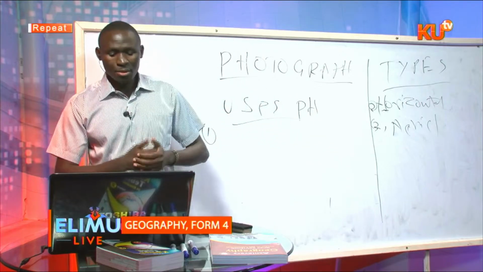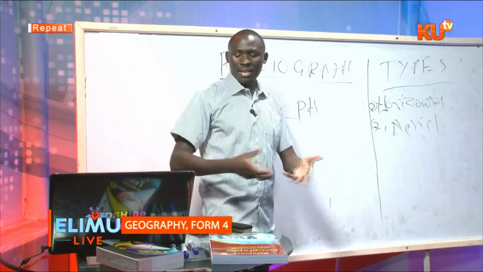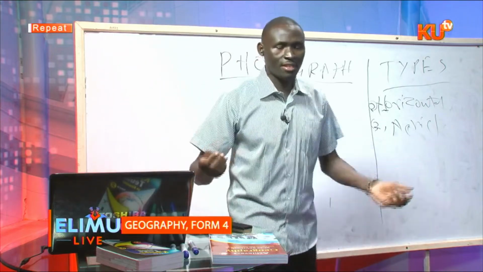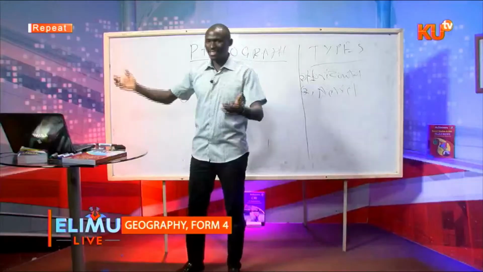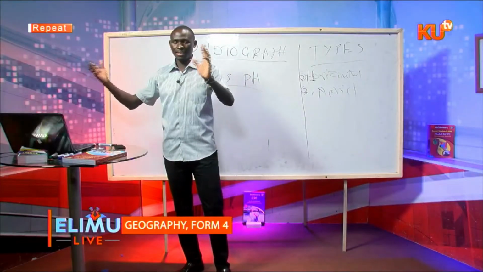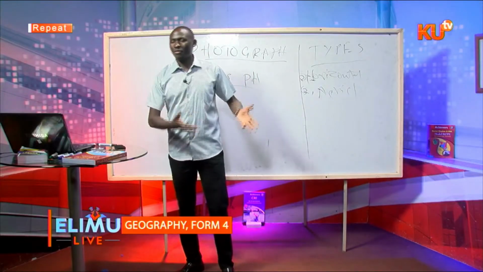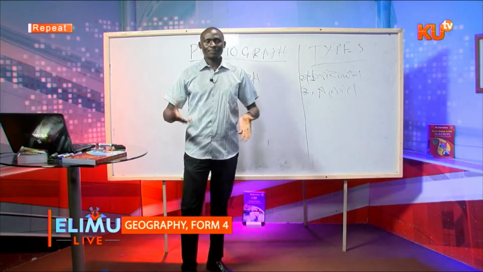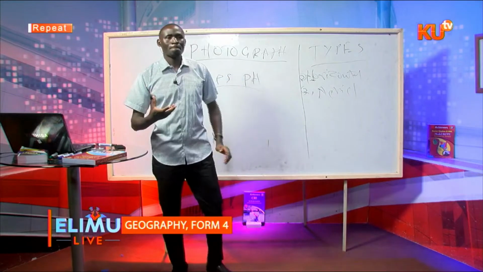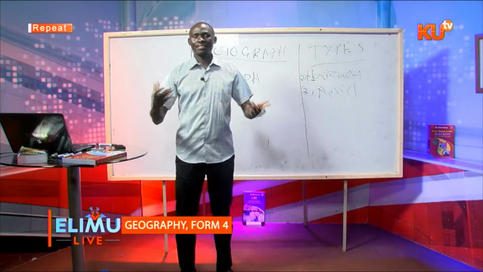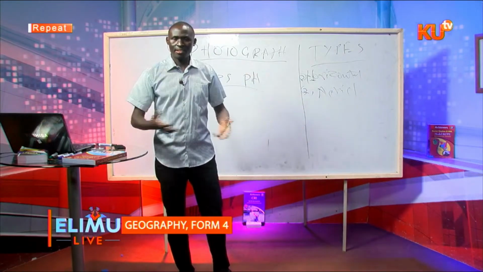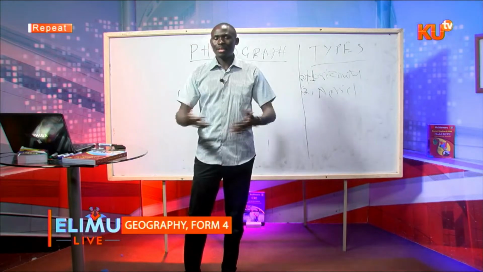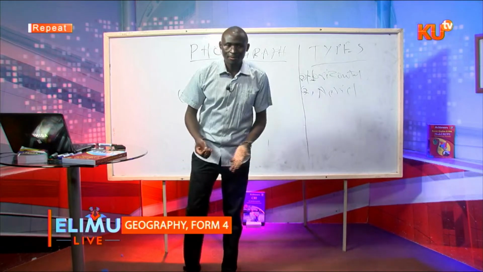Photographs are also used to show vegetation and human activities. You've seen the tea in Kericho, the sugarcane in the Western region, the coffee in central Kenya. We've also seen the arid areas, the rainy areas, the rain forest. All this shows the activity and the vegetation that is there.